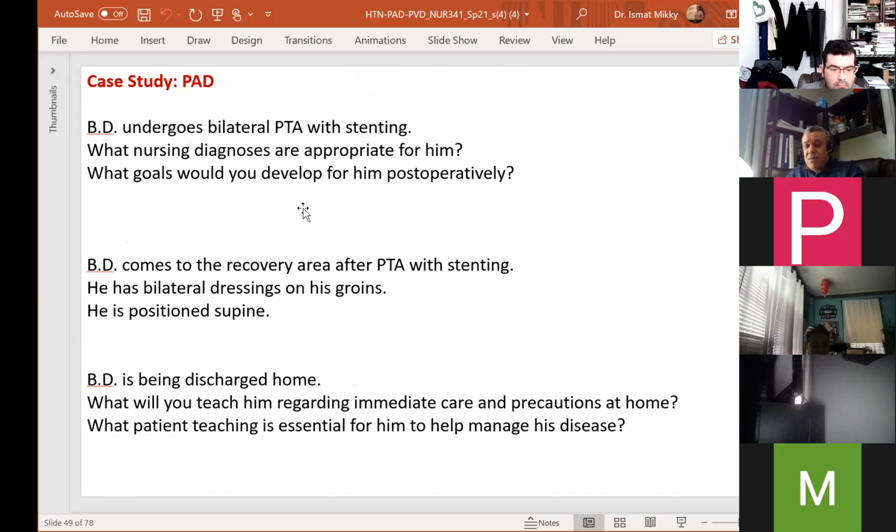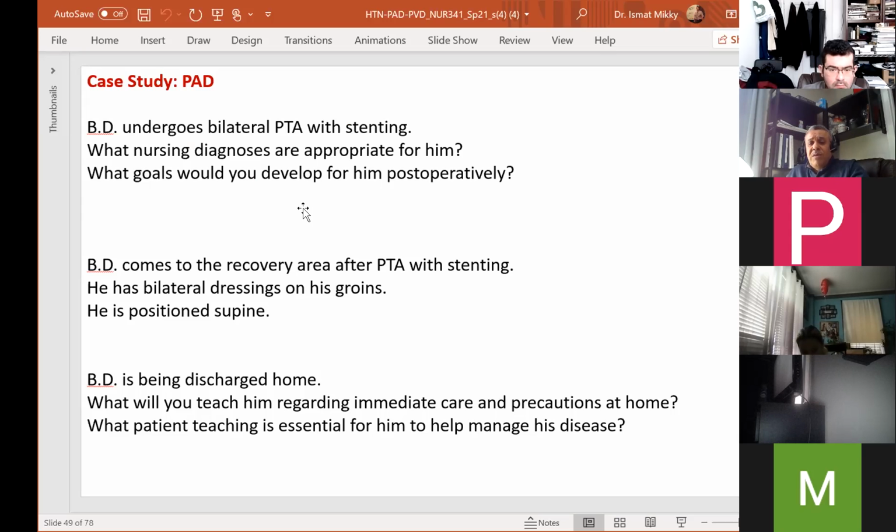But the main concept is that we are going to revascularize the artery and bypass the occlusion, so that the distal segment of the artery is perfused, maintaining perfusion to the affected area. So the patient undergoes bilateral PTA, percutaneous transluminal angioplasty with stent. They did place a stent. That's called stenting.